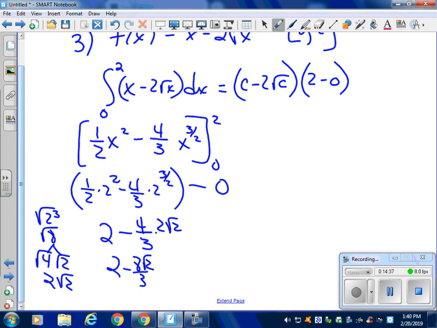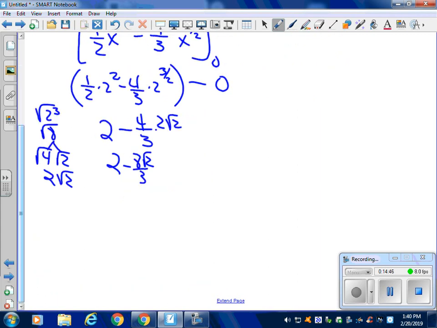Yeah, I think this might be one we have to do on the calculator, because I don't know that we're going to be able to work the whole problem out by hand, but we'll see. Maybe we can. So now we have c minus 2 square root of c, and 2 minus 0 is 2, right?